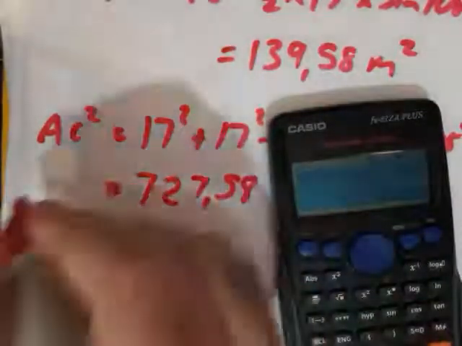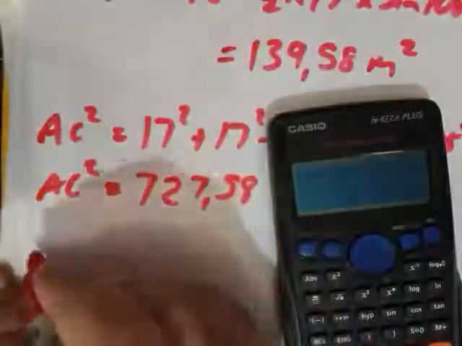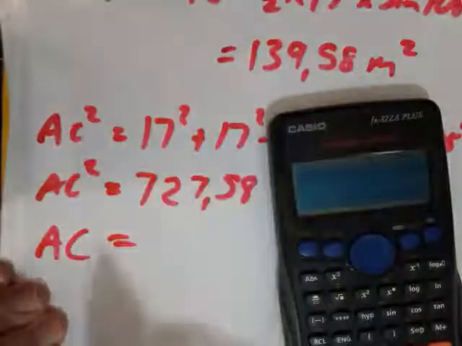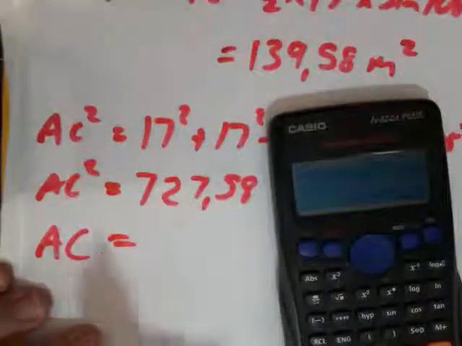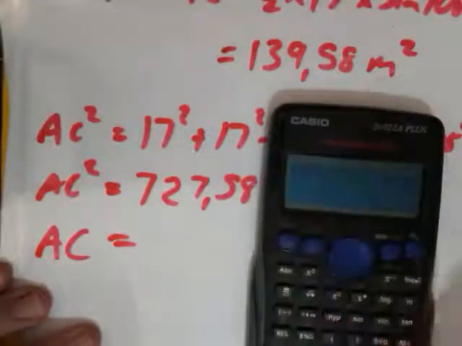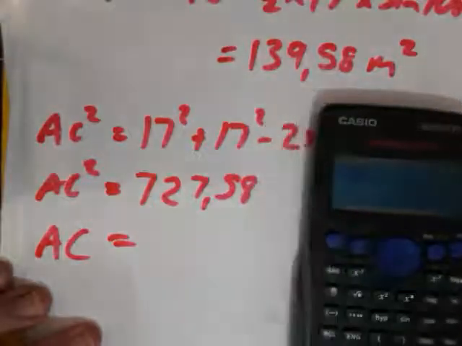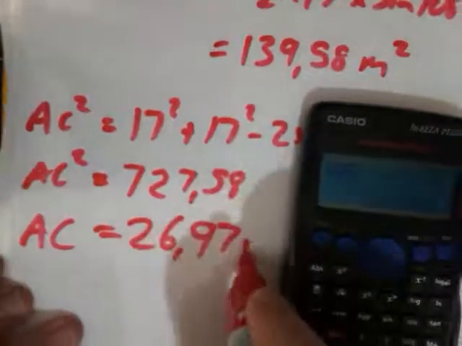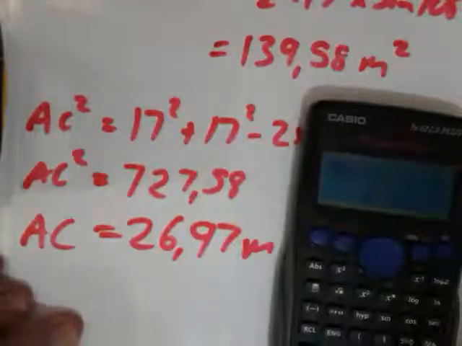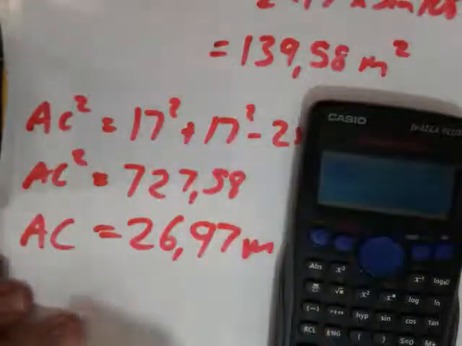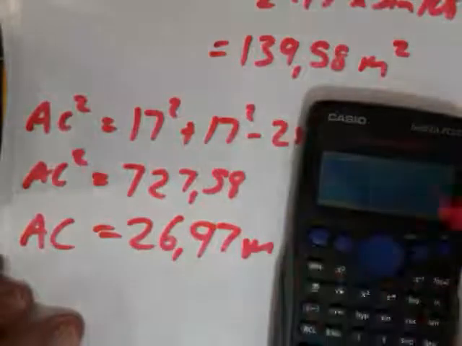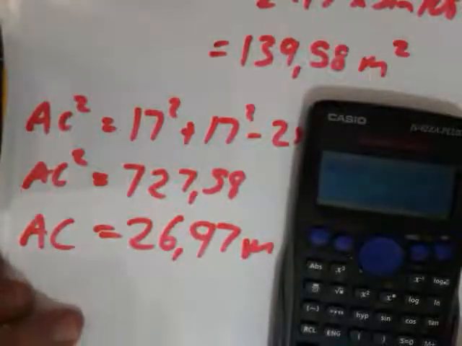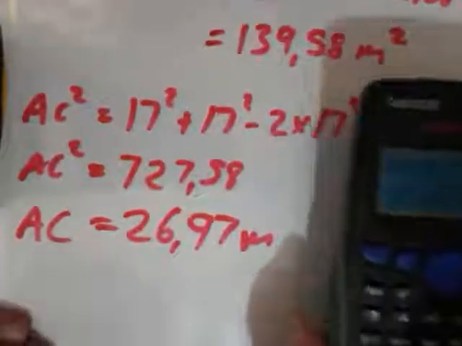Okay, that gives us 727.58. So AC squared is 727.58. So AC is just the square root of the answer, which is 26.97 meters. Okay. Now I know we will need to use the side again, so I'm just going to store it into M. Let's say M is for missing side.